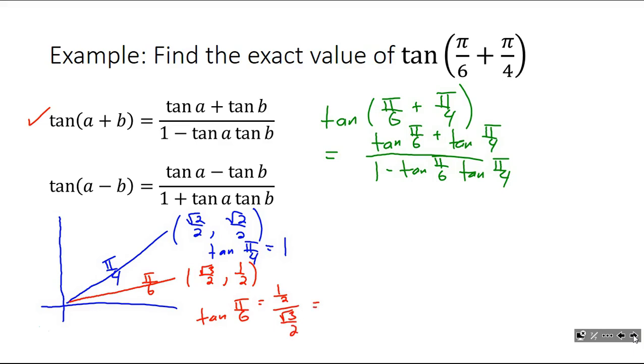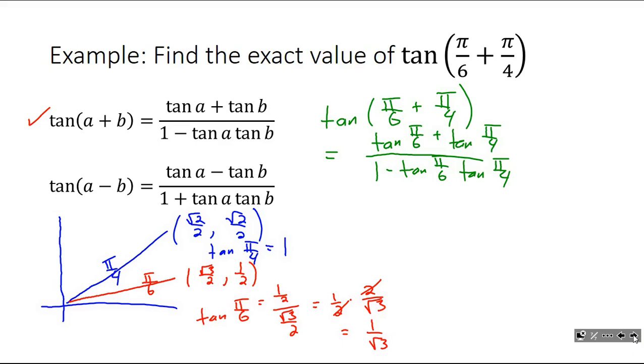Looks like our work off to the side will probably be more work than we'll do on the problem itself. We'll have 1/2 times the reciprocal of the lower fraction, 2 over square root of 3 there, and that equals 1 over square root of 3. We could rationalize that denominator, but I'm just going to plug it into the formula, and then we'll see what happens when we do that.